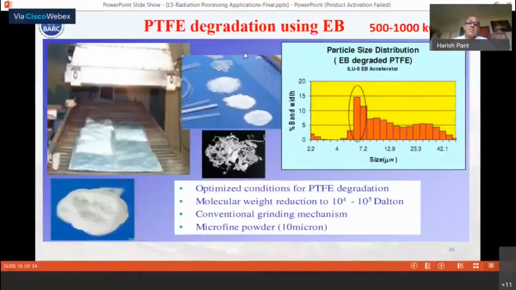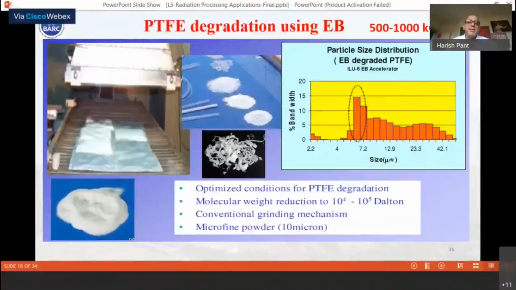If it is irradiated by electron beam with a dose of 500 to 1000 kilogray, then this Teflon becomes a powder. The average particle size is around 7.2 microns. So it becomes a very fine powder.